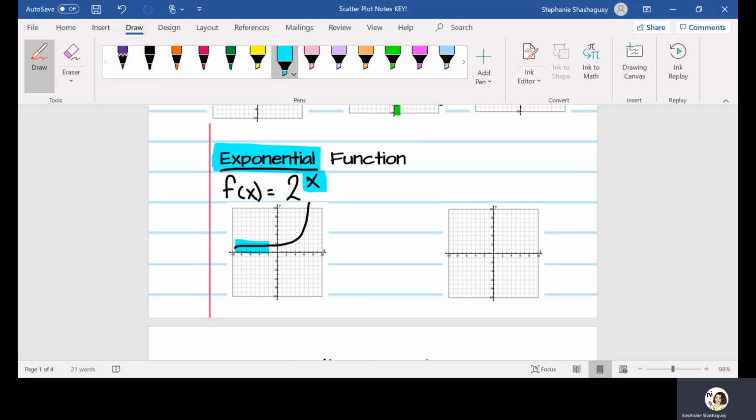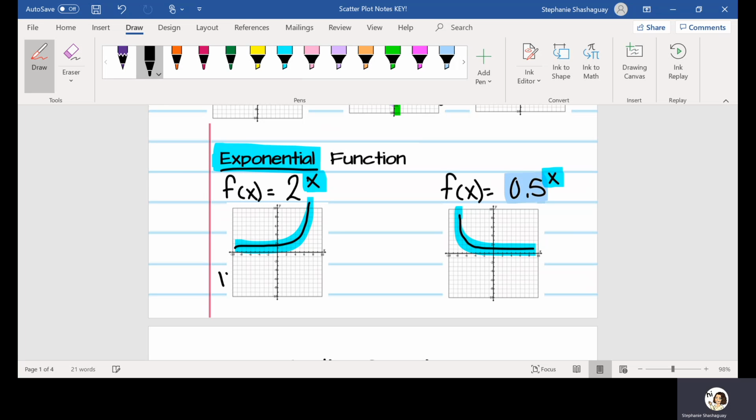Now you can also have an exponential function that is going in the other direction. So if you have f of x is equal to 0.5 to the x power, again, my variable is still in the exponent position, then I would have an exponential function that looks like this. So the increase is on the left side of the y-axis instead of the right. And that's happening because of this number, okay?